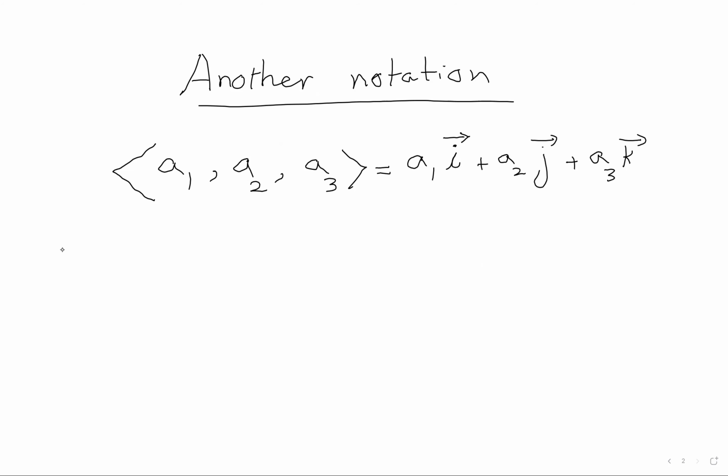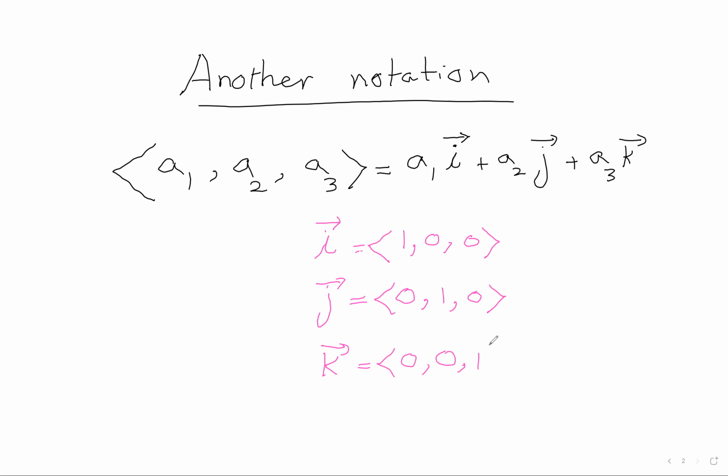So in this notation, I is the vector 1, 0, 0. J is the vector 0, 1, 0. And K is the vector 0, 0, 1.